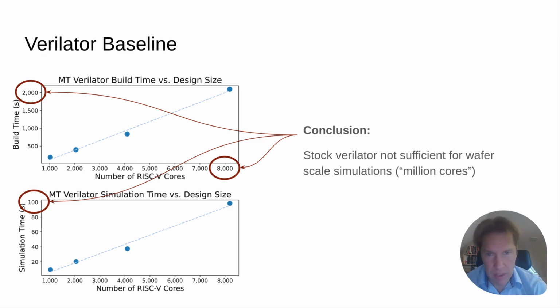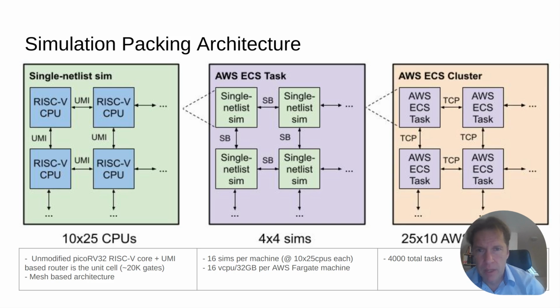And I think it's fair to say that nobody wants to wait for days to compile a Verilog design. That is unacceptable. So there was definitely a gap here that we tried to address. And so the architecture, the optimization we did to pack these simulations into AWS, which was our fabric that we simulated on, was we packed a 10 by 25 CPU grid based on PicoRV32s into one unit.